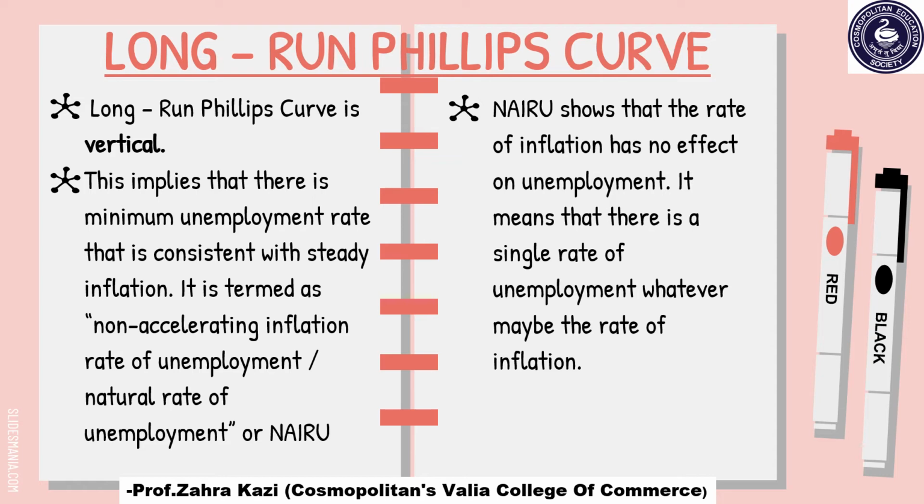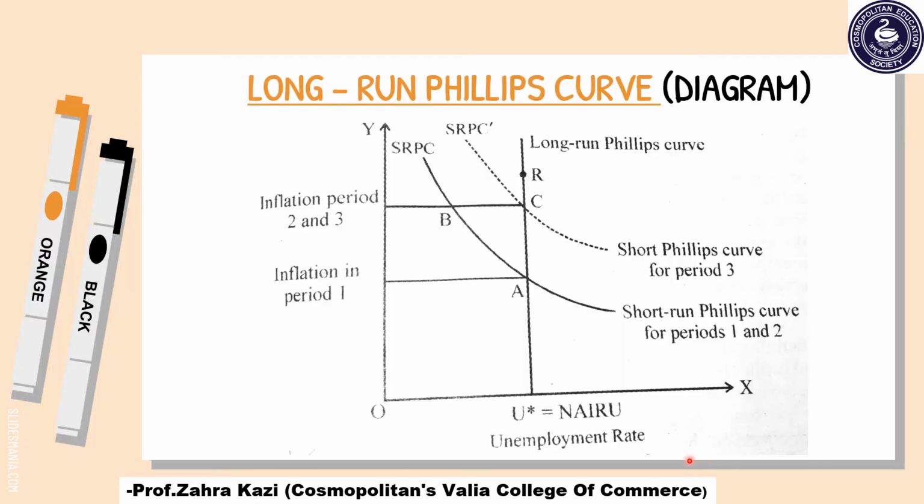So let's understand through this diagram further. Let's understand the long run Phillips curve diagram. On the x-axis we have plotted the unemployment rate, while on the y-axis we have plotted the inflation rate. Apart from this, the diagram also shows that there are two short run Phillips curves, denoted by SRPC.